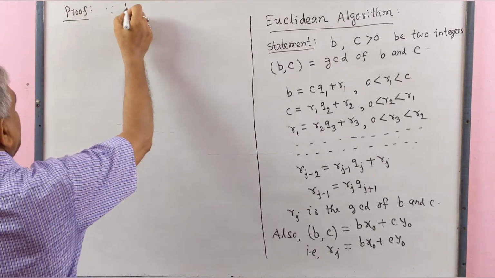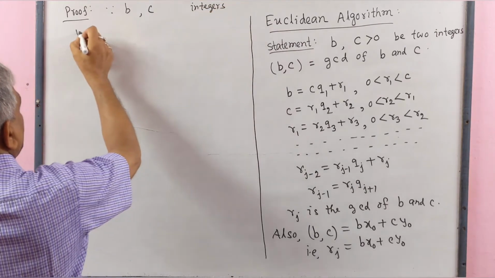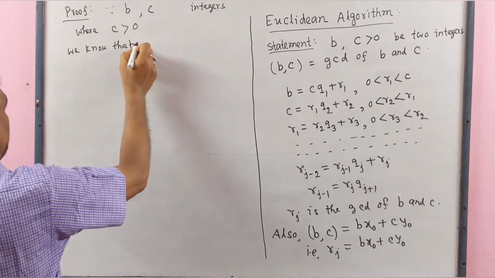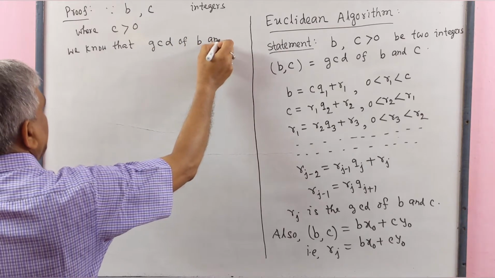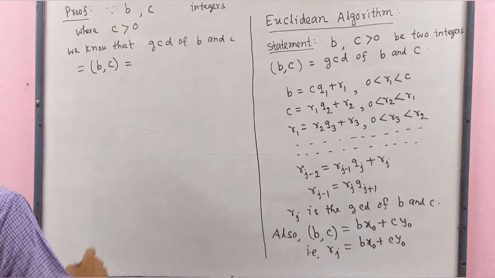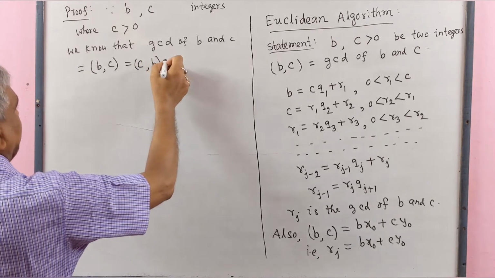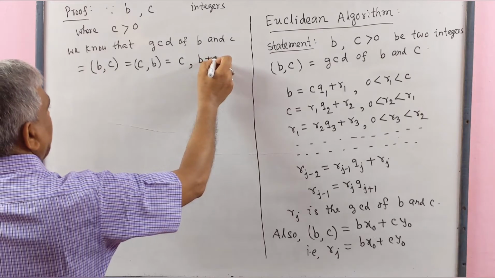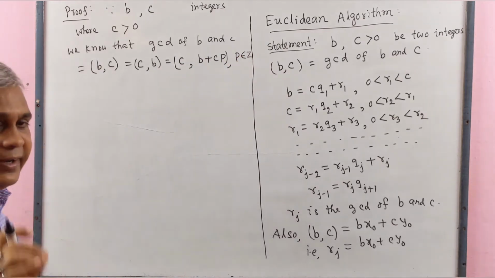Since B and C are two integers where C is greater than 0, we know that GCD of B and C equals GCD of C and B, and this equals GCD of C and B plus CP, where P belongs to Z; P is an integer.